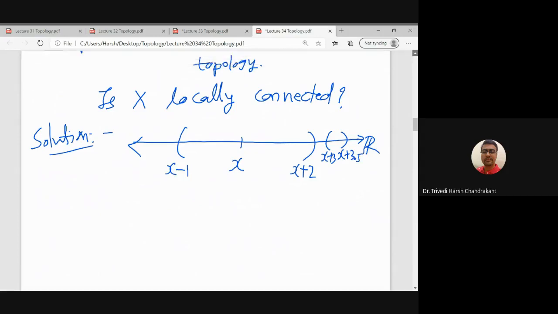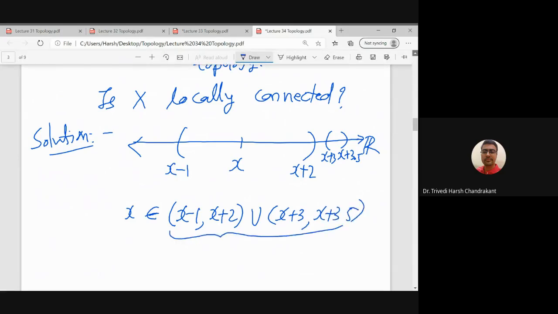So x is contained in the open set (x minus 1, x plus 2) union (x plus 3, x plus 3.5). This is an open neighborhood.